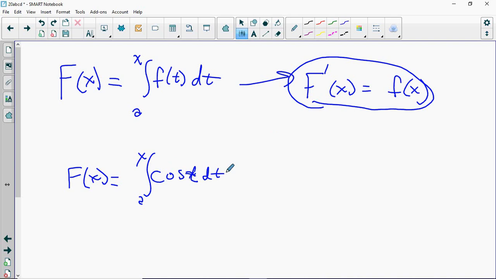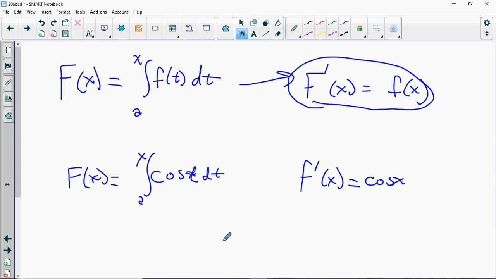We want to take the derivative of capital F. I claim that the shortcut answer, capital F prime of x, should be little f, which is cosine of x. The shortcut says put x into this function and call it a day. That may seem unsatisfying, so here's how we can get this the long way.